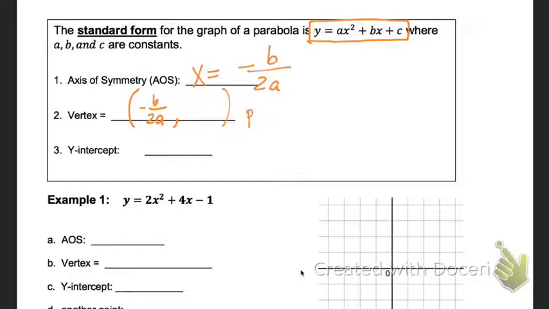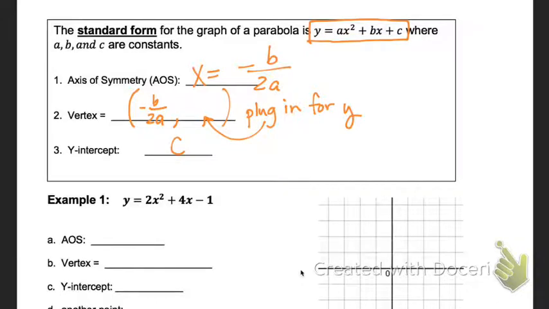So you have to plug in for y. And then my y-intercept is always my c, my last number. So would the C and the plug-in for Y be different? Yes.